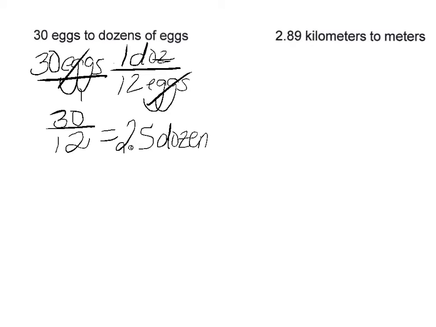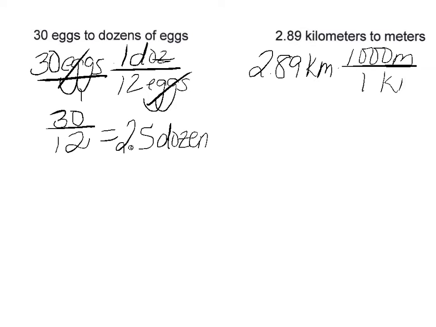Kilometers to meters. Now, look back at that conversion up at the top there. 1,000 meters equals 1 kilometer. So if I'm going to convert here 2.89 kilometers to meters, 1,000 meters are in 1 kilometer. Cancel out your kilometers.